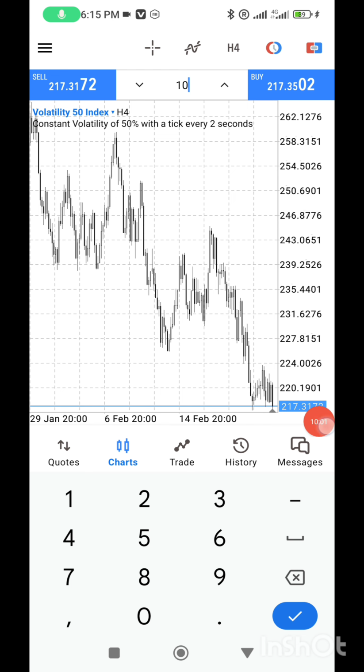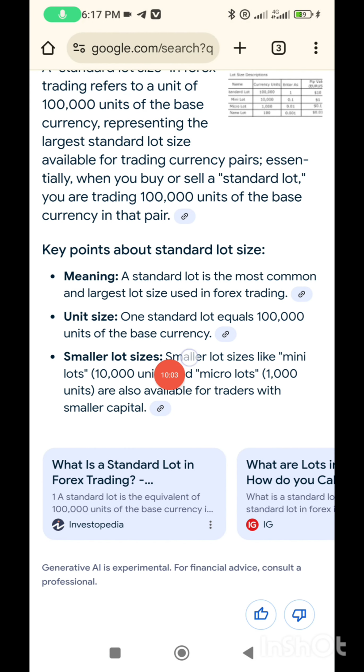Okay, now this definition, we are not going to use this definition. This is not what I mean. When I say standard, I actually mean unity. So a unity lot size is a standard lot size in my own terminology in the financial market, right?